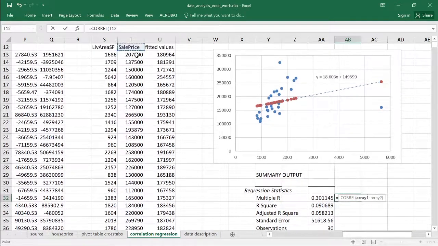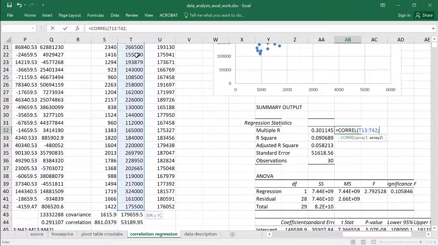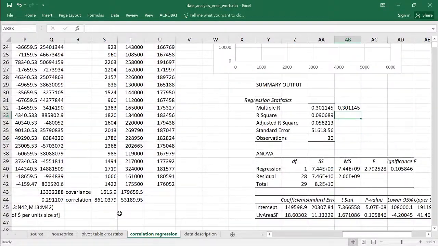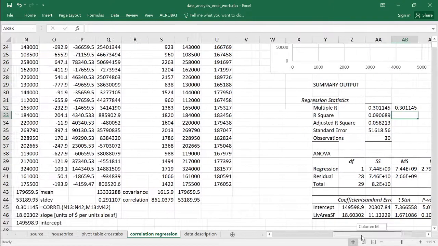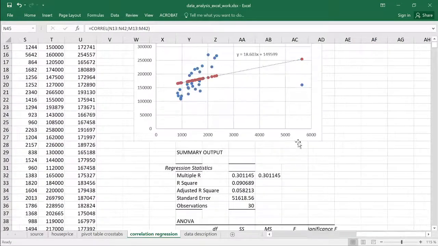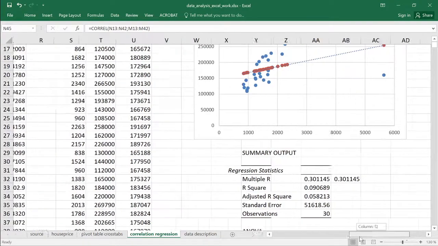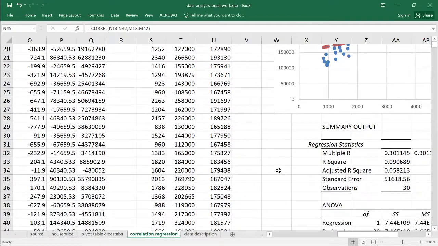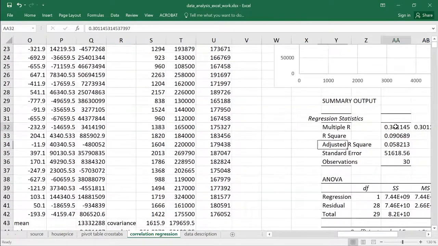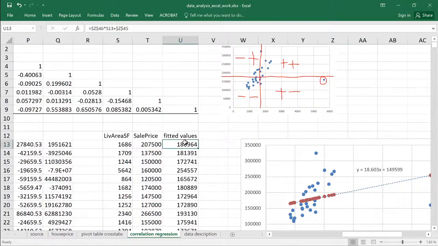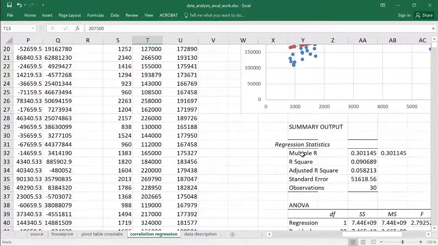And for a simple regression with just one explanatory variable, that is always the same as the correlation coefficient that we've already obtained before. So the correlation coefficient between the living area and the sales price is the same as the multiple R, but that's only the case if there's a single explanatory variable. In general, it's always true that the multiple R is the correlation between fitted values and sales price.